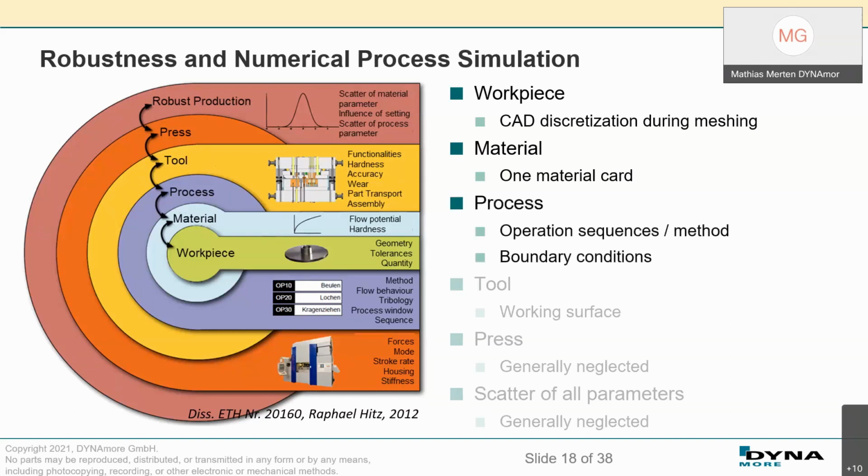Of course, the process is also often hard to capture in simulation, as not all effects are taken into account. For example, if you're doing cold forming with austenitic stainless steels, then the austenite inside the material may undergo a phase transformation to martensite, and this is temperature dependent.